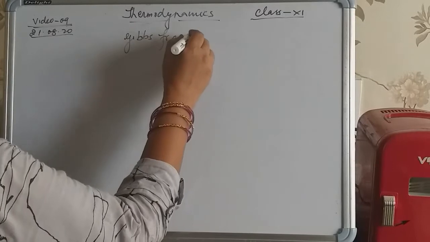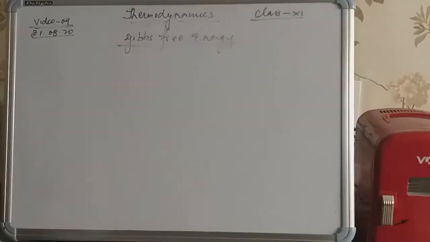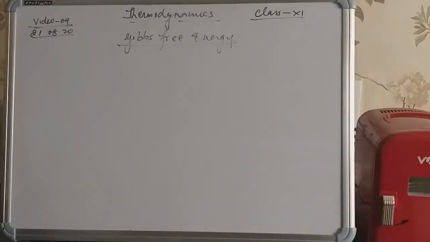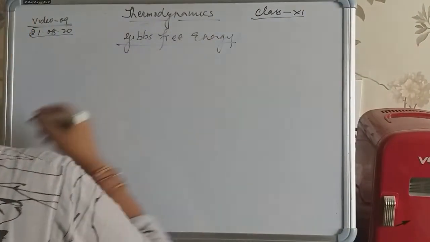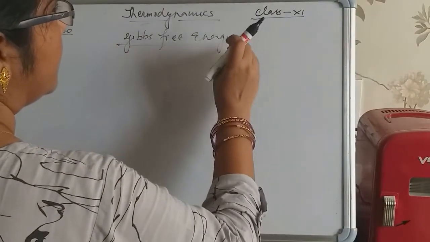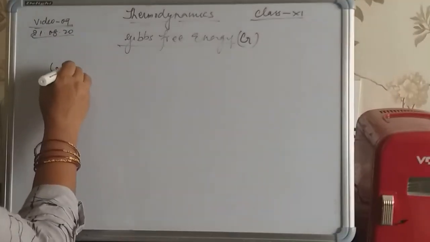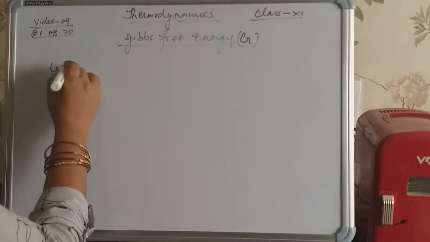Gibbs free energy is symbolized by G. What is Gibbs energy? Write down the definition at first.